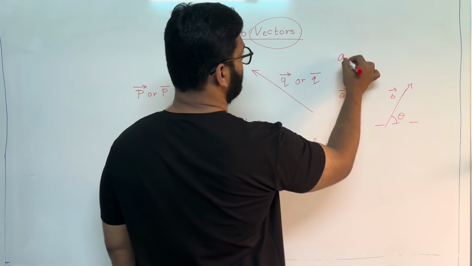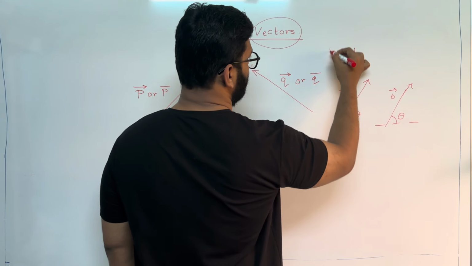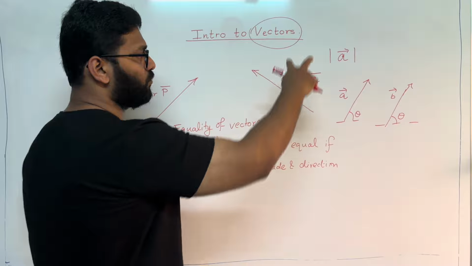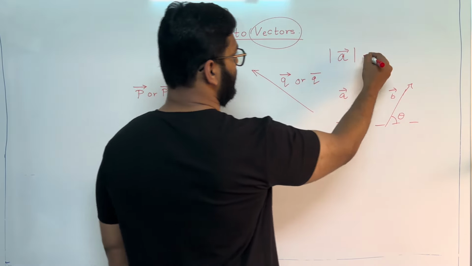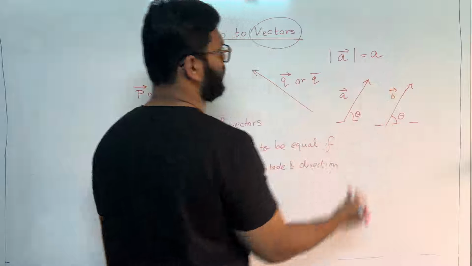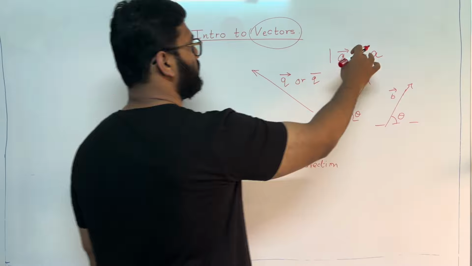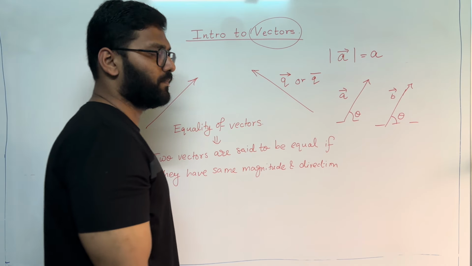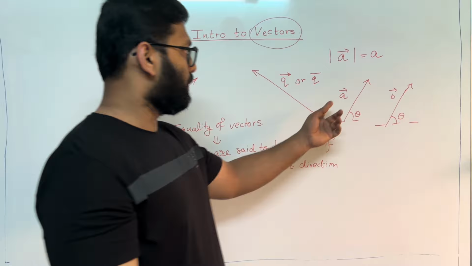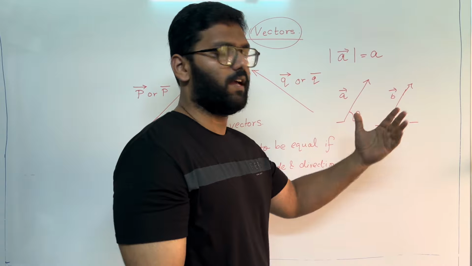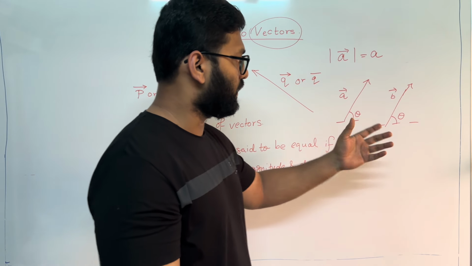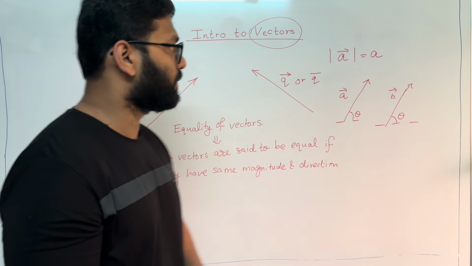Just you write a bar, and if I put the modulus sign, that is two straight lines parallel to each other like this, it is equal to the modulus of vector a. So a bar mod is going to be a. This is a notation, right? So now a bar has angle theta with the positive x-axis, and b bar also has an angle theta with the positive x-axis. Both have same direction, right?